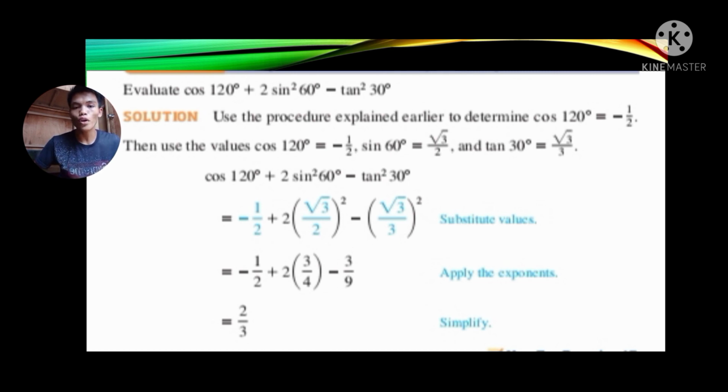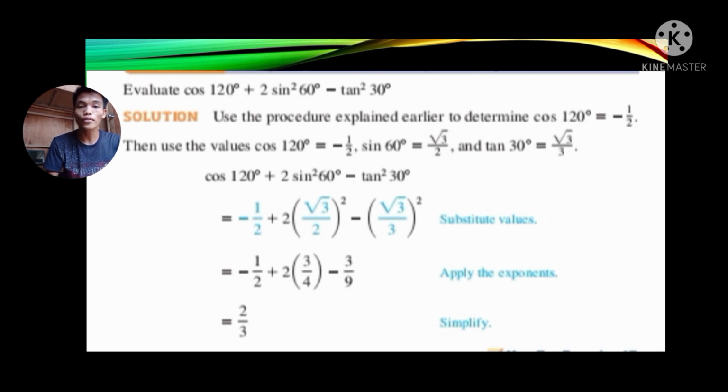So the question is, where do we get this 3 over 9? As I said, we are going to apply the exponent. So positive square root of 3 times square root of 3 is equal to 9, and what is the square root of 9? It is 3. So therefore 3, and 3 times 3 is 9.